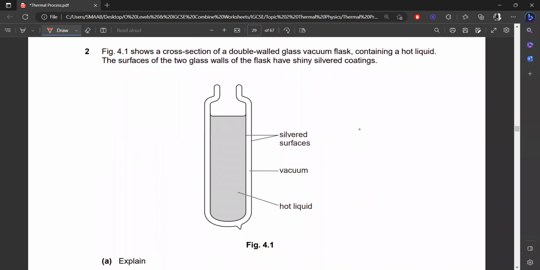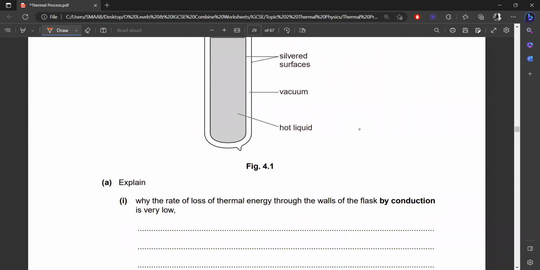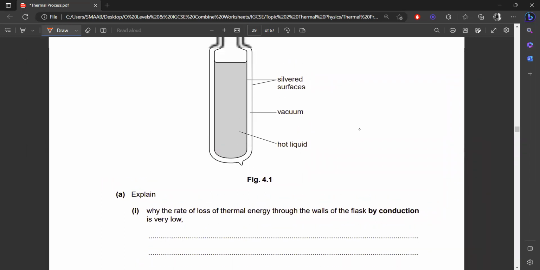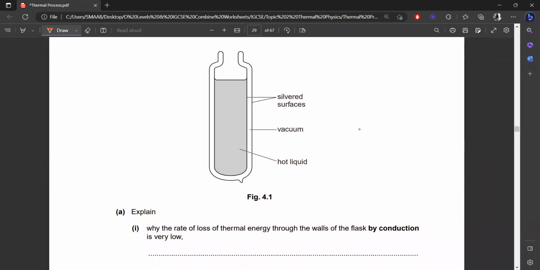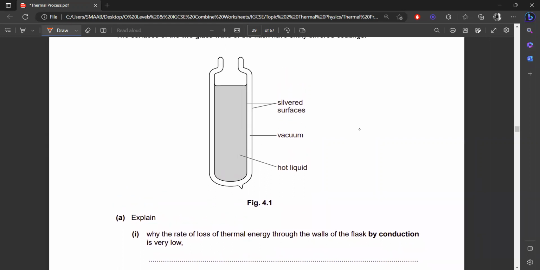Okay, question 2. Figure 4.1 shows a cross section of a double walled glass vacuum flask containing a hot liquid. The surfaces of the two glass walls of the flask have a shiny silver coating. Why is the rate of loss of thermal energy through the walls of the flask by conduction very low? So we are using a silver surface.